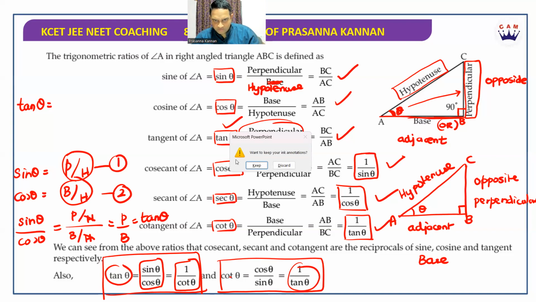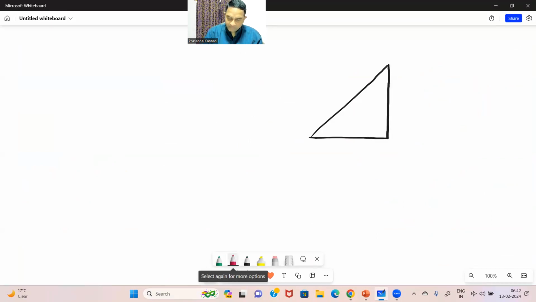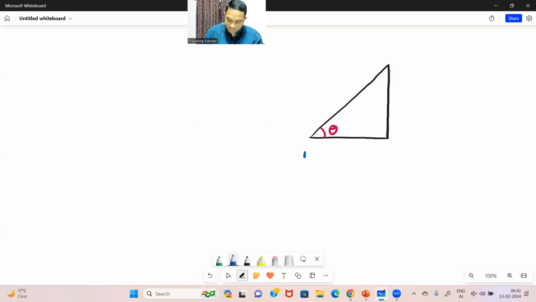Once again, we can summarize. Consider this as a right angle triangle ABC, where this angle is theta and this angle is 90 degrees. What can I call BC as?